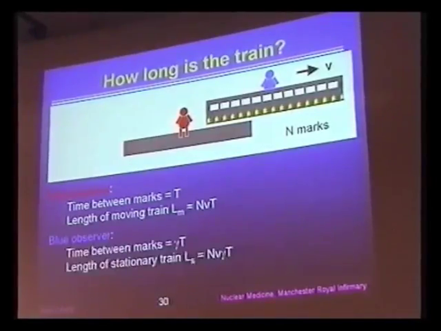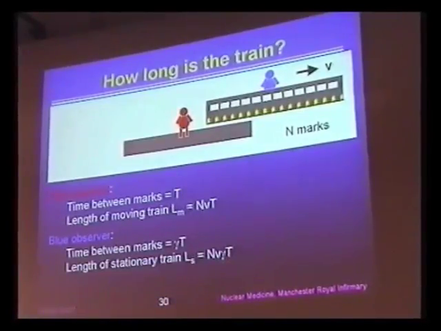But the blue observer said, hey, to me, his metronome was going slow, because as far as he was concerned, the platform is shooting off in that direction, and so to the blue observer, the red metronome is going slow by this factor gamma. So he says the time between the marks is gamma times t, so the distance between each mark is v gamma t, and with n marks, the length of the train must be nv gamma t.